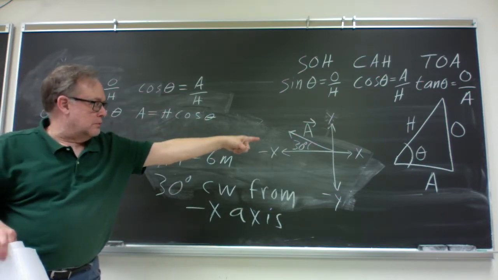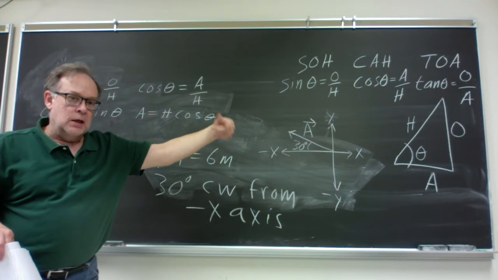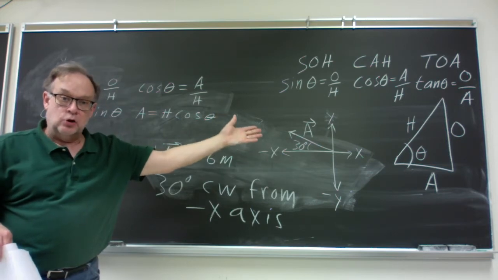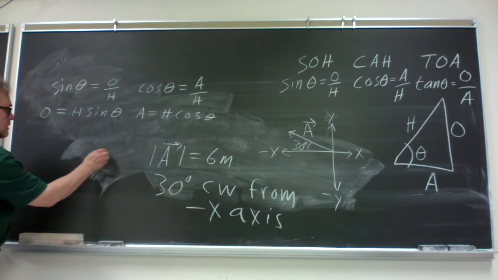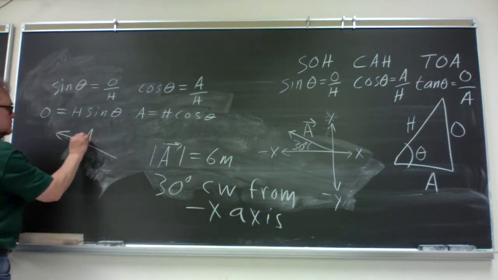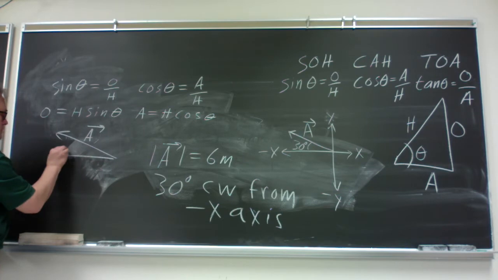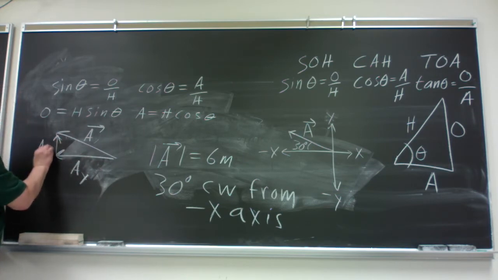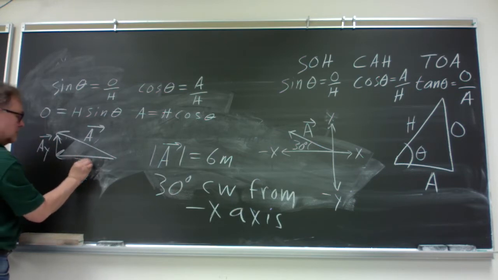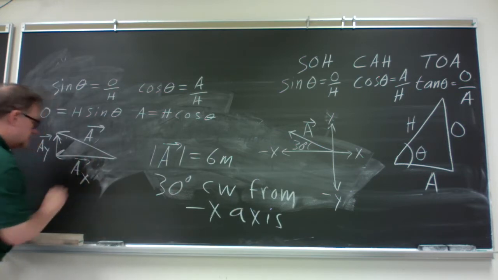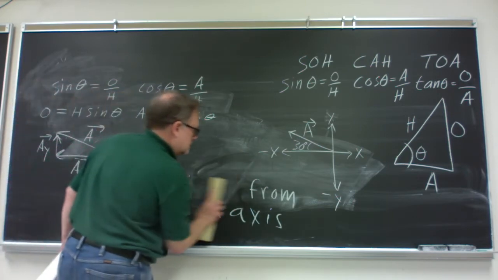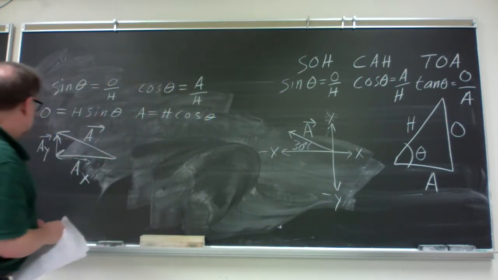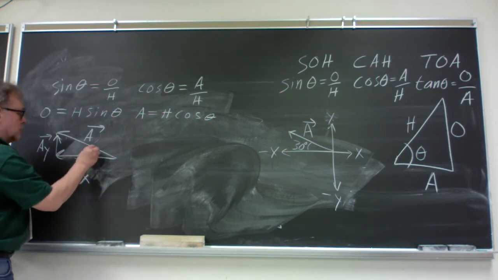So in this case, let's think of our vector A as the hypotenuse of a right triangle where the components are the other two sides, the perpendicular sides. Like that. So here's our 30-degree angle right here.